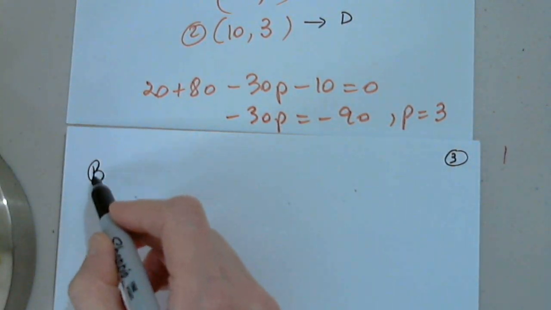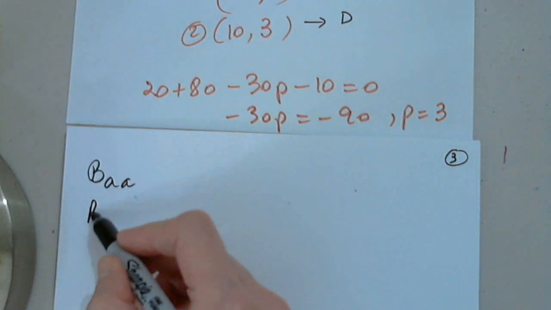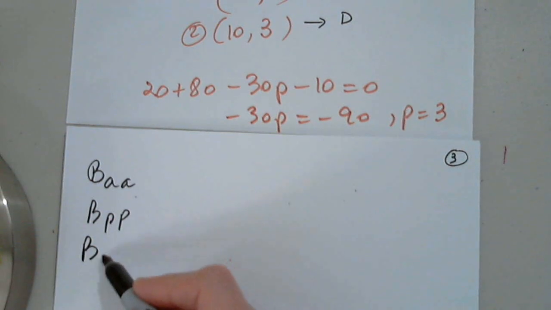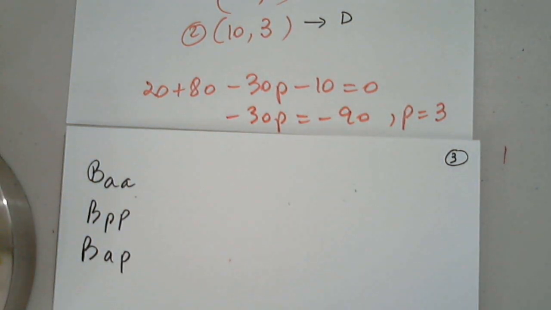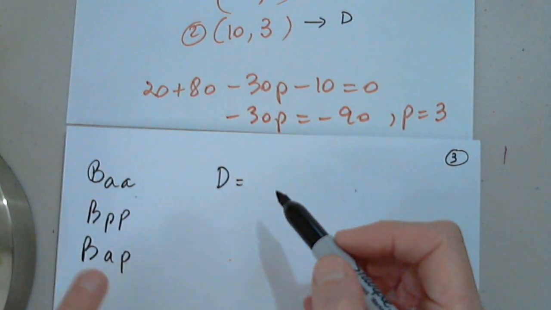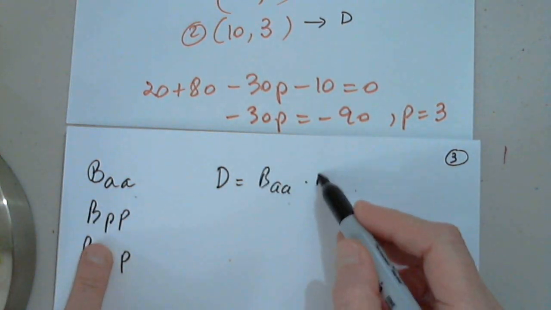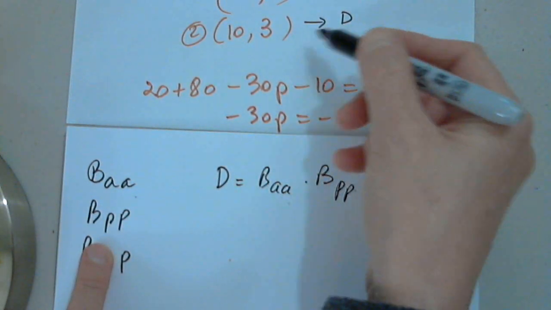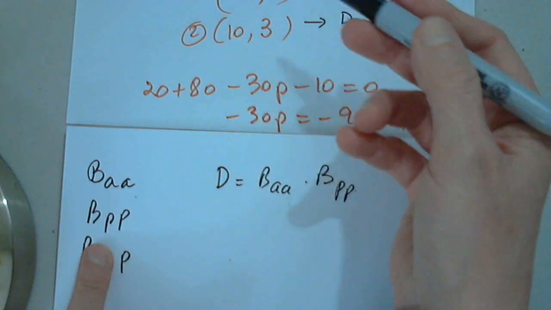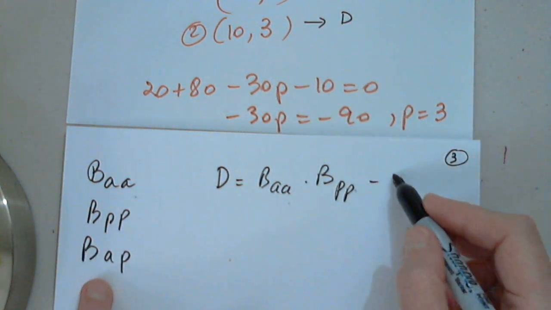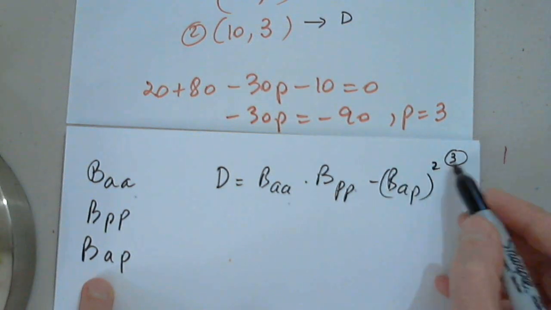Okay, so at this point, I have to find BAA, BPP, and BAP, because the D-test will be BAA times BPP, because that's the first variable, at all these, first for the first one and then the second one, minus BAP squared.